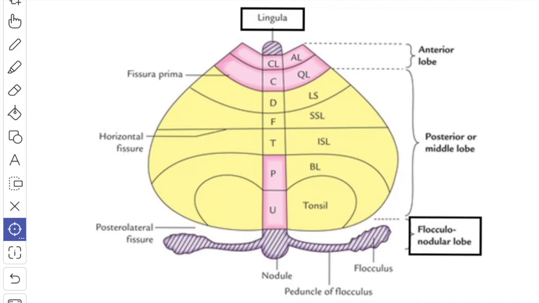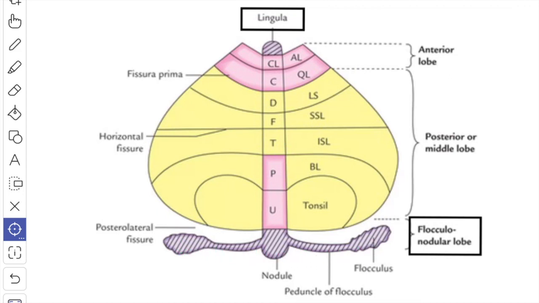Correspondingly, in the cerebellar hemisphere, you have the lobulus simplex, the superior semilunar lobule, the inferior semilunar lobule, the biventral lobule and the tonsil. Finally, you have the flocculonodular lobe. So nodule and flocculus. So this forms the flocculonodular lobe.